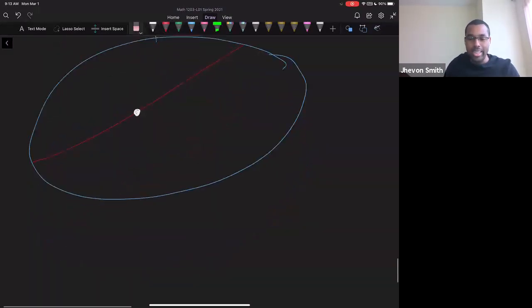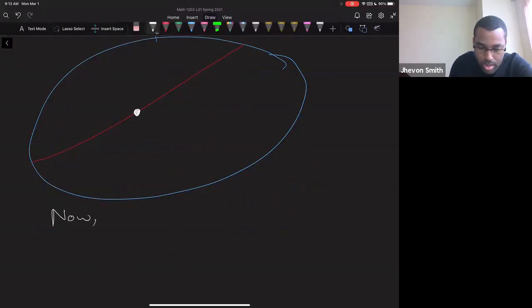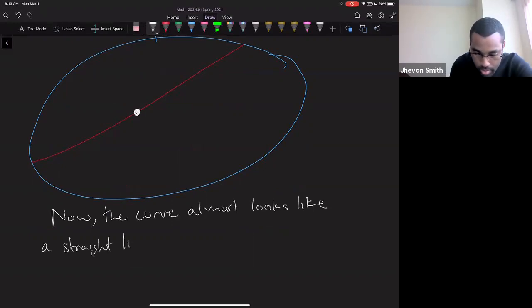And so the idea is now the curve almost looks like a straight line. But which straight line? If I can find the line, I can find the slope.